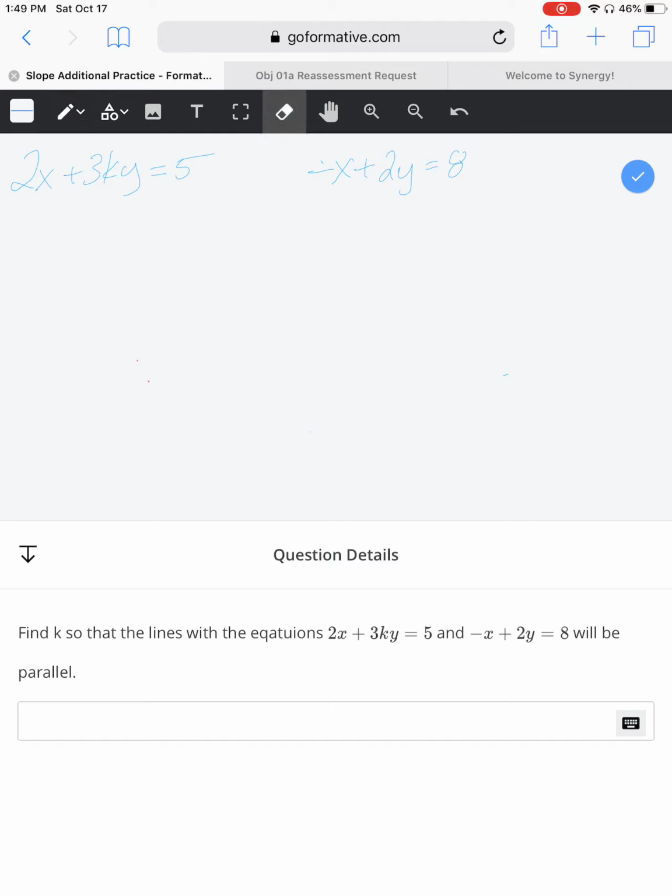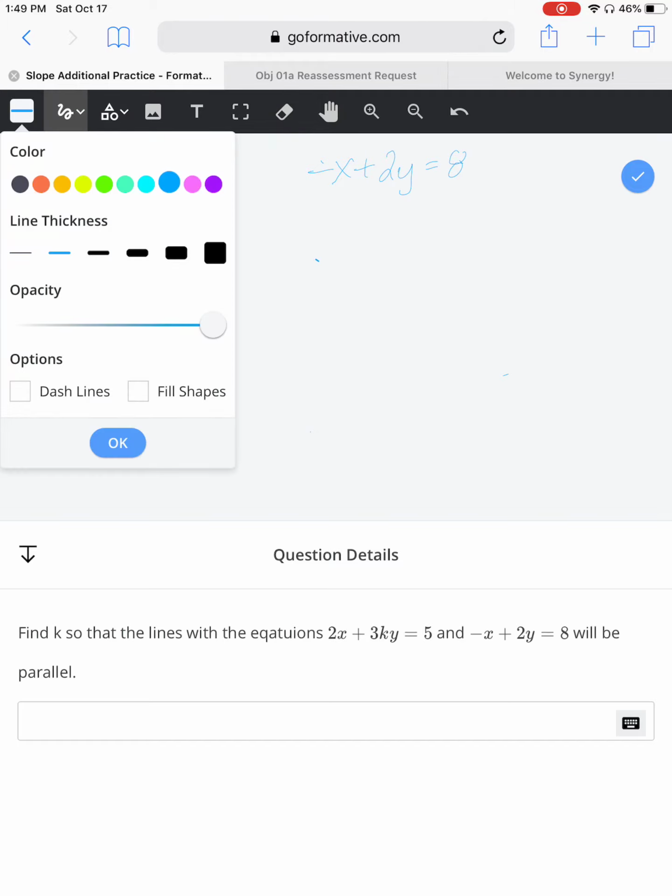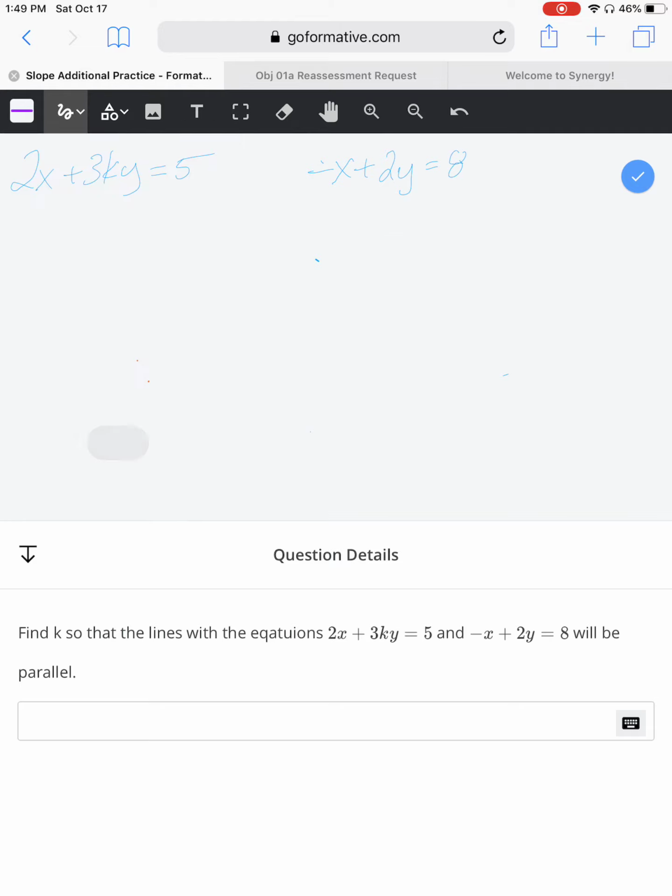And so if this were any other equation, you do the same thing that we usually do, which is we would go and find the slope. So I'm going to subtract 2x, put it in slope-intercept form. So that's going to be 3ky is equal to negative 2x plus 5.